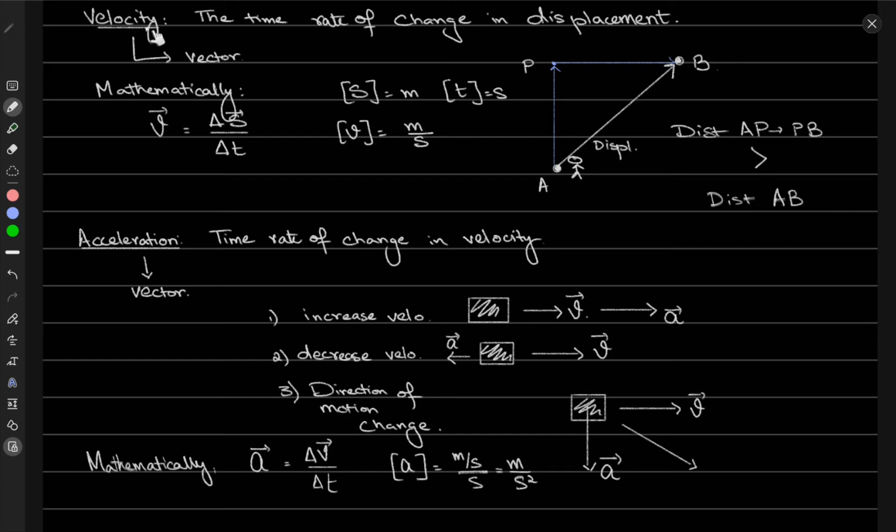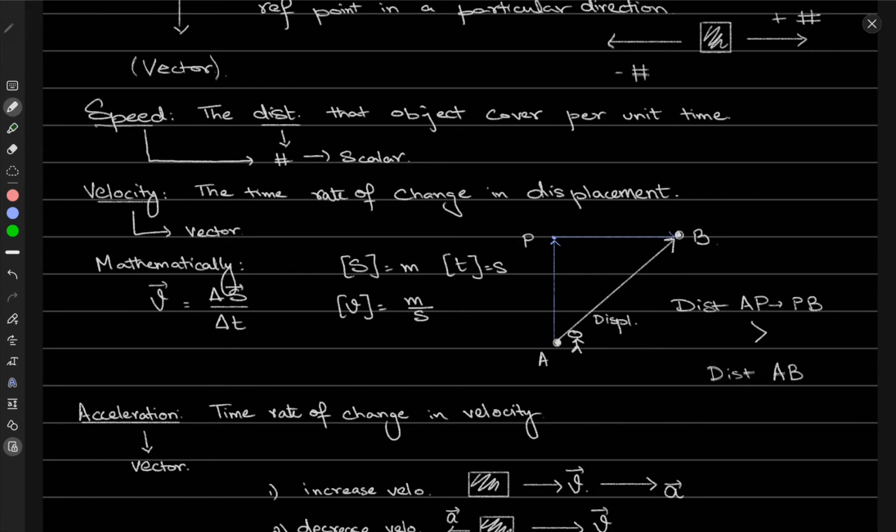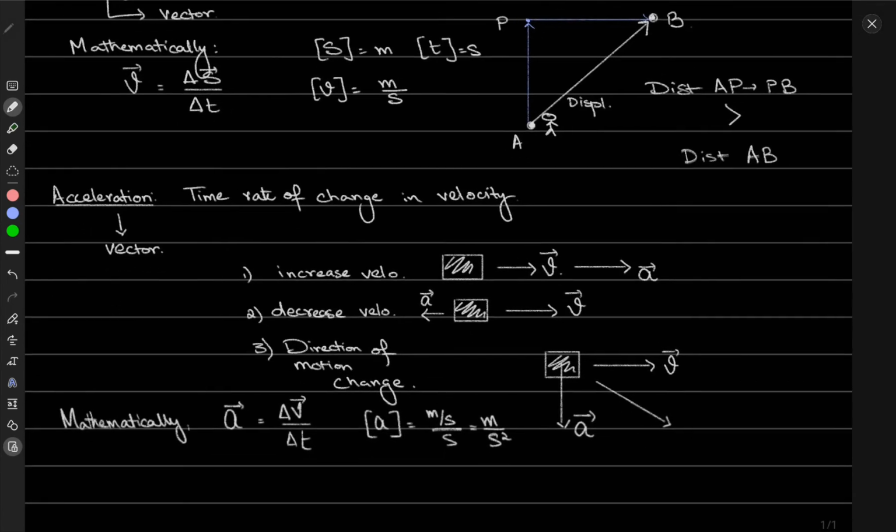So now let's try to understand the difference between velocity and speed. We'll do that by considering that you have a train. Suppose you have a train that moves in this circular path, right?